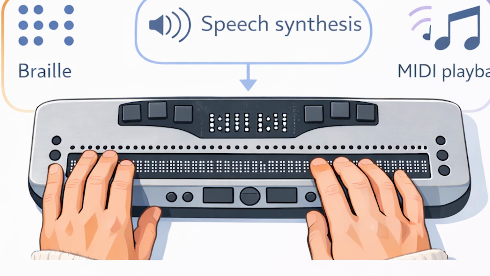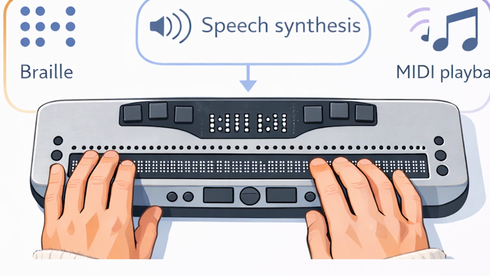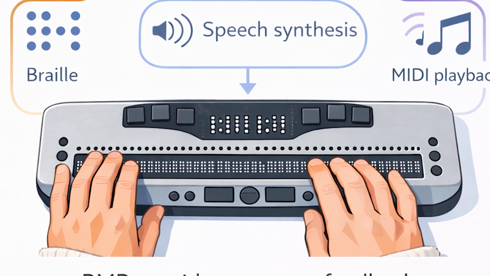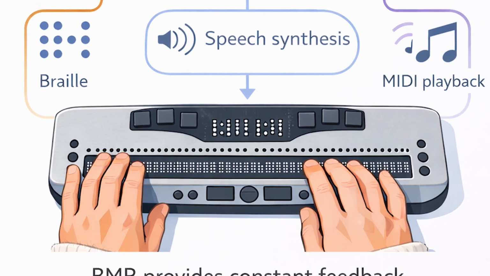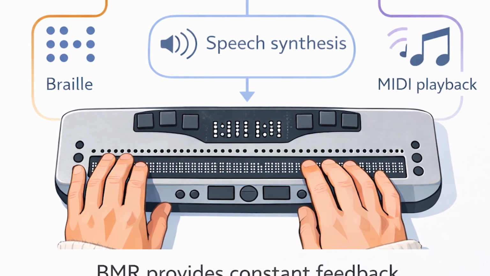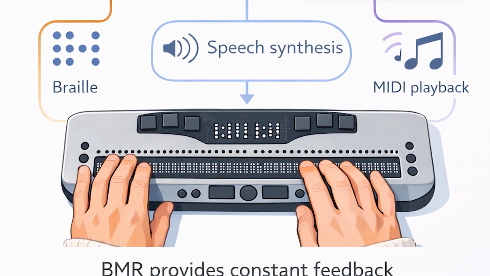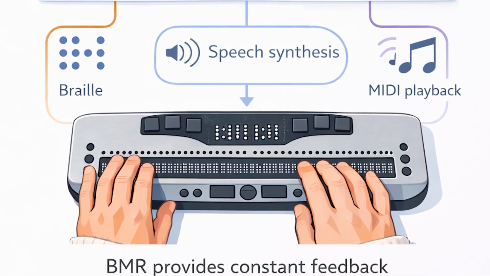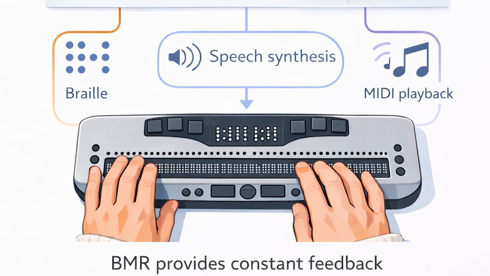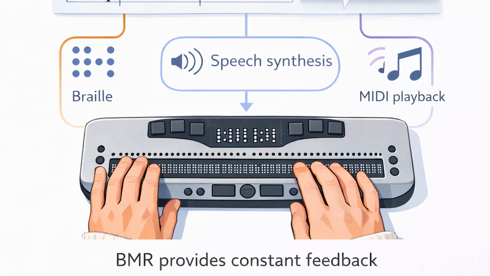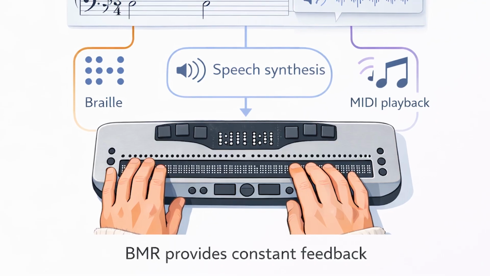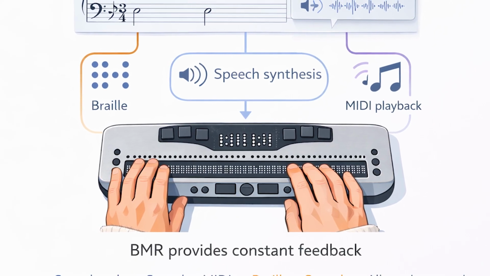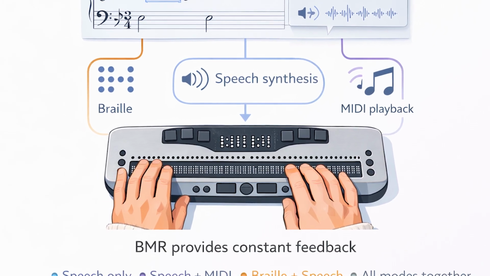Speech synthesis describes the musical symbol on which the cursor is positioned, according to the verbosity level you have set, and if MIDI playback is active, you will hear notes and chords played automatically every time you move over musical elements. Thanks to these three channels, you can choose the working mode that best suits you: speech only, speech plus MIDI, Braille plus speech, or all modes together.